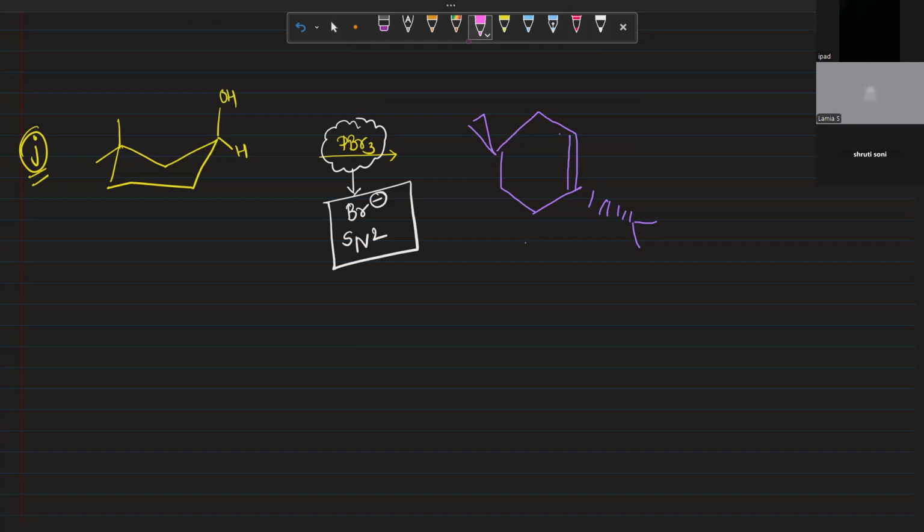SN2, so that means Br will attack the chiral carbon, and then the leaving group will simultaneously leave. So the Br will attach to the carbon on the upper right-hand side.